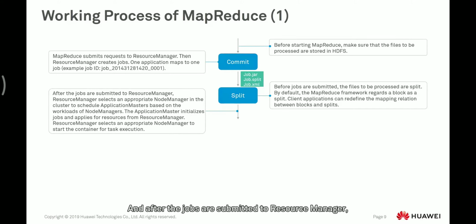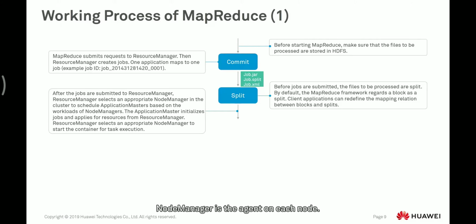And after the jobs are submitted, Resource Manager allocates resources for them. It selects an appropriate node manager in the cluster to schedule application masters based on the workloads of node managers.